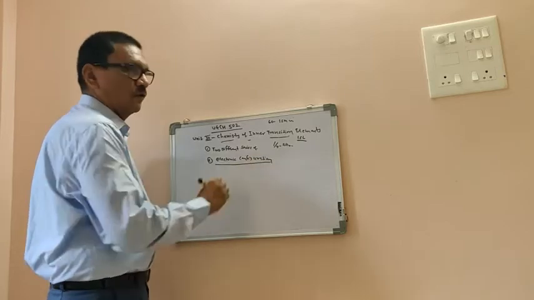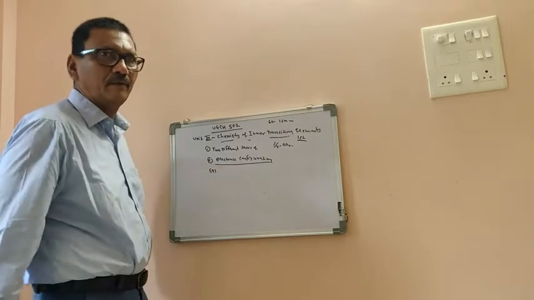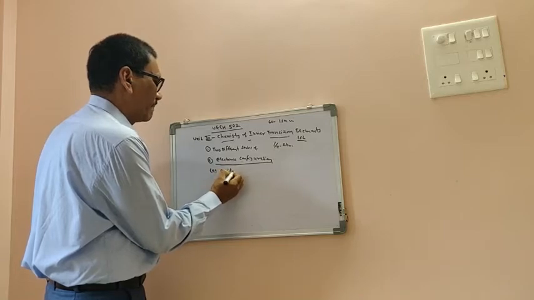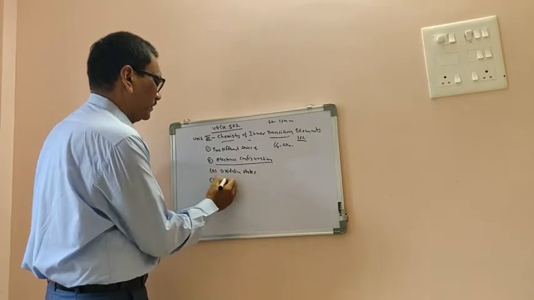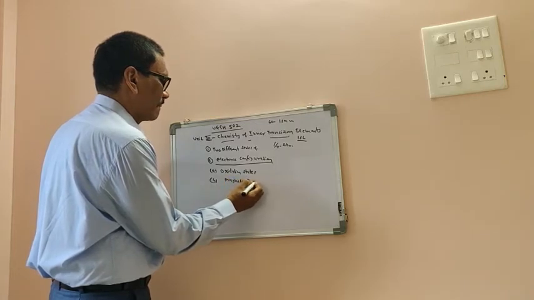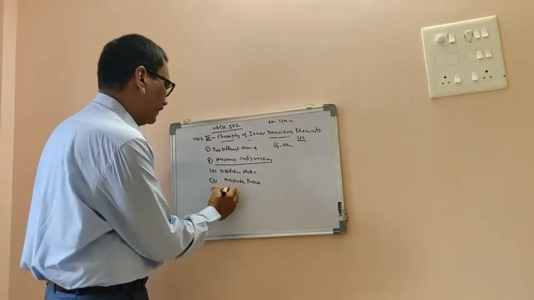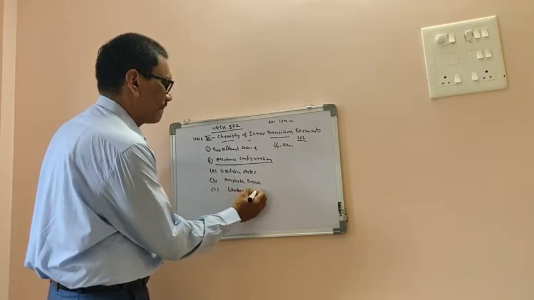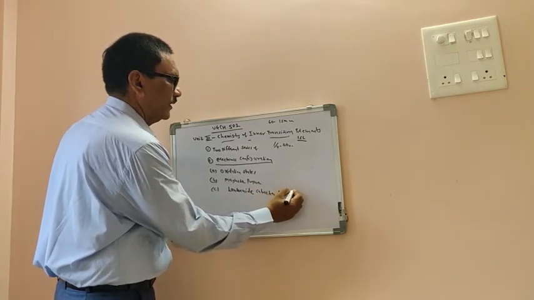And then once you know the electron configuration, based upon that, we are going to study the different properties. The first property is the oxidation state. Second property is the magnetic property. Third, we are going to study the lanthanide contraction and its consequences.